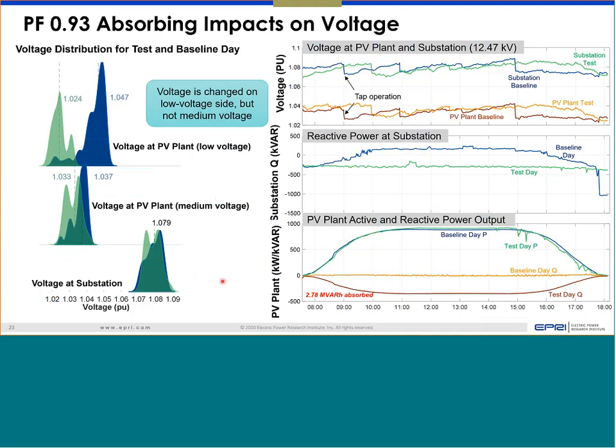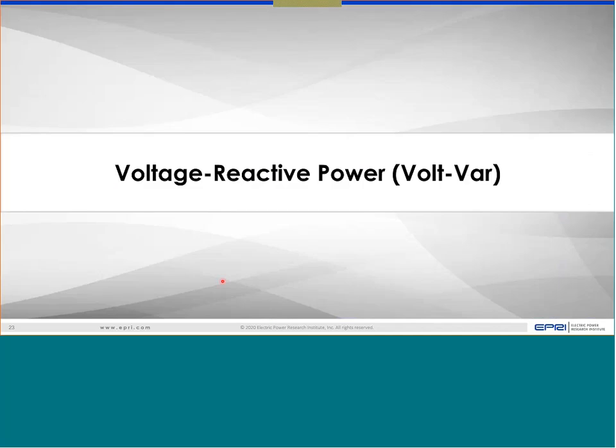Again, it's a very simple function that has been used for several years, especially for a single plant causing overvoltage, and it can solve that problem easily. When you have multiple plants in a feeder with overvoltage in different locations, coordination might be challenging using power factor. And sometimes it is also mentioned that power factor is very good if the voltage problem is caused by the plant.